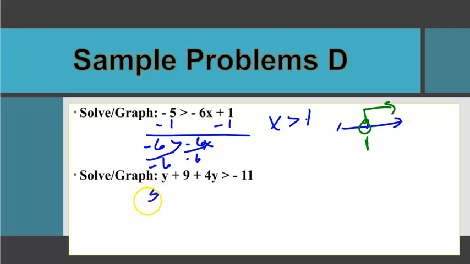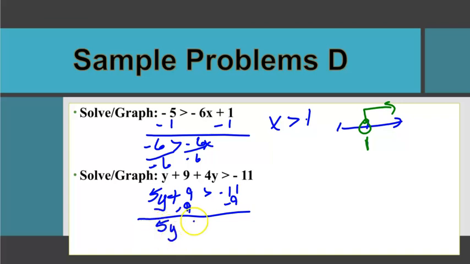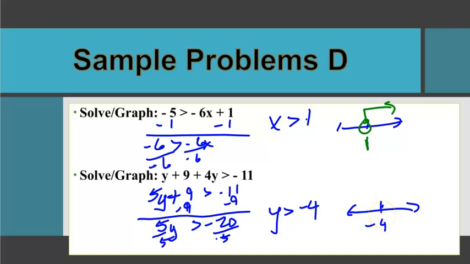Next, I have 5y plus 9 is greater than negative 11. Subtract 9 on both sides. We got 5y is greater than negative 20. Divide by 5. Y is going to be greater than negative 4. On a number line, we got negative 4. It's going to be an open circle because it cannot equal it.